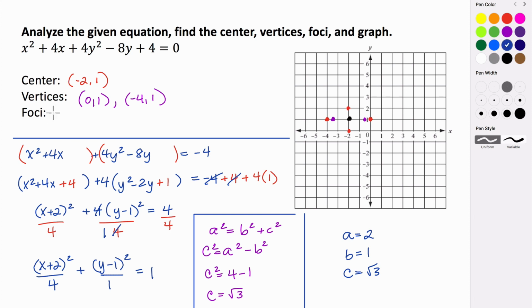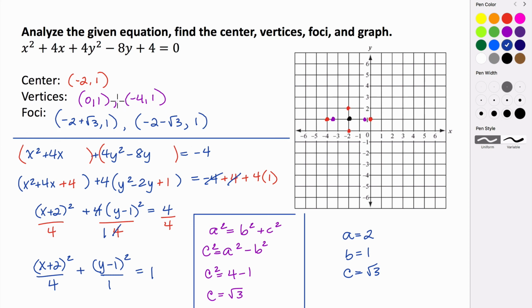So the x coordinate for our focus is going to be the x coordinate of our center plus the square root of 3. And the y coordinate didn't change. But it's also going to be rad 3 to the left. So we take our center's x coordinate and just subtract the square root of 3. And its y coordinate, again, did not change.